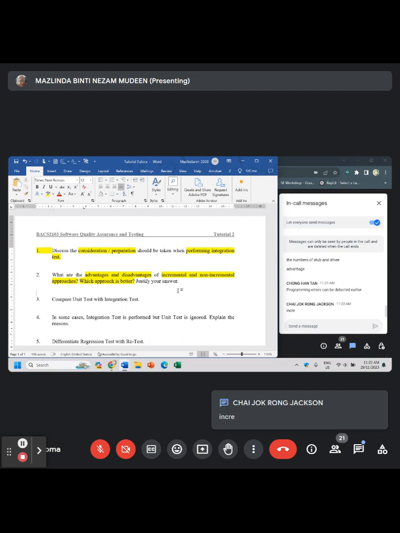Why incremental? Why can incremental detect the programming error earlier?